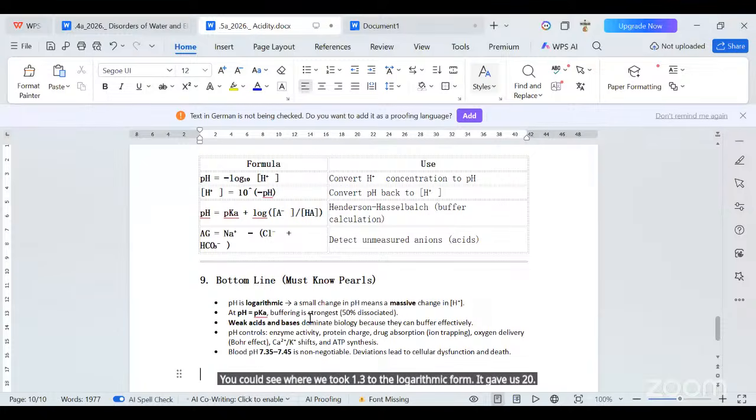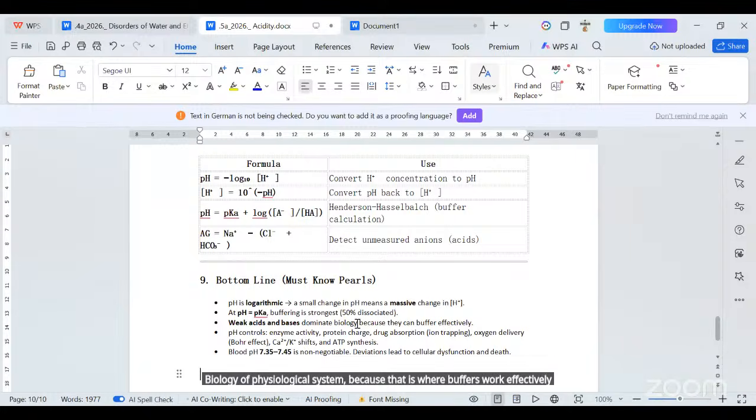When pH equals pKa, buffer is the strongest, that is 50% dissociated. Weak acids and bases dominate biological and physiological systems because that is where buffers work effectively.